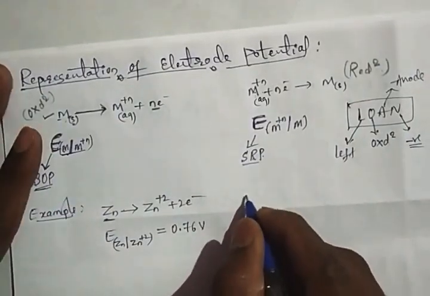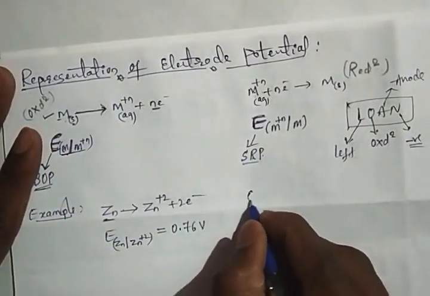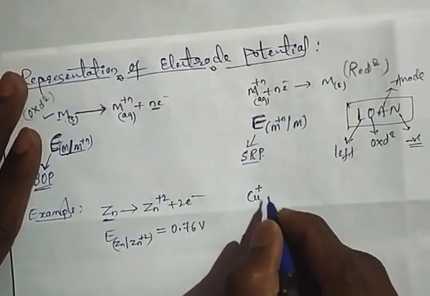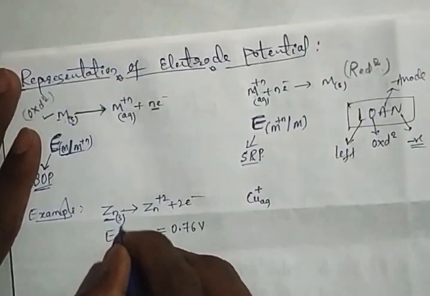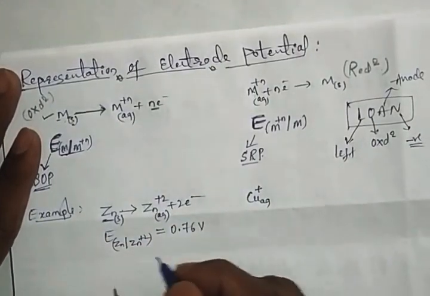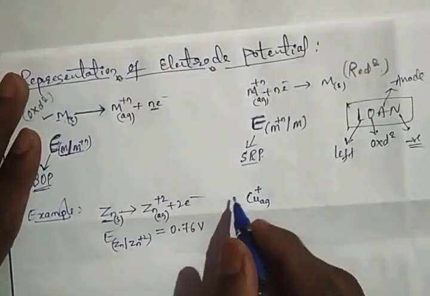Now similarly at the right hand side, the copper electrode is dipped in copper sulfate solution. Zn solid undergoes oxidation in the left hand side of the Daniell cell.